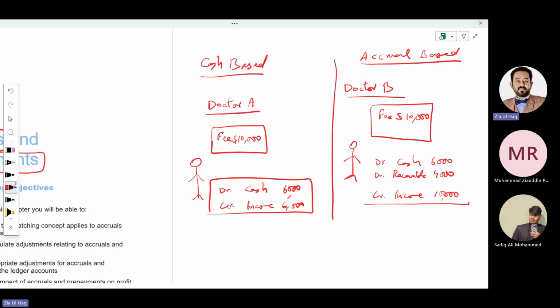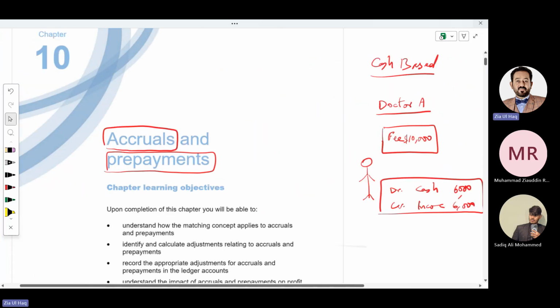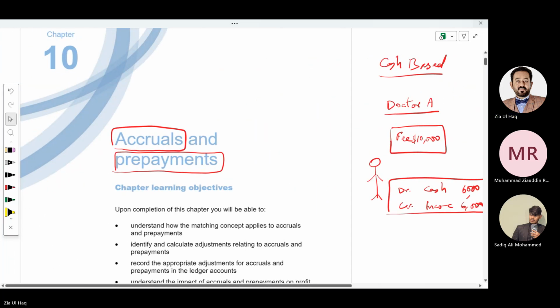And this is called accrual based accounting. Meaning you will record the income fully, but you are going to receive part of it in future, so you will record it as a receivable. This is called accrual based accounting.